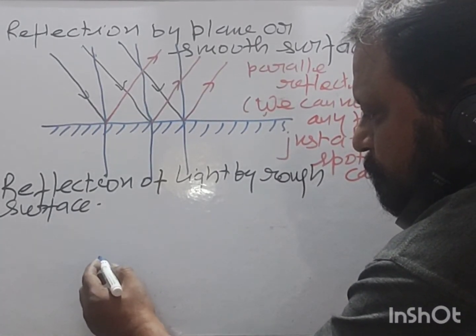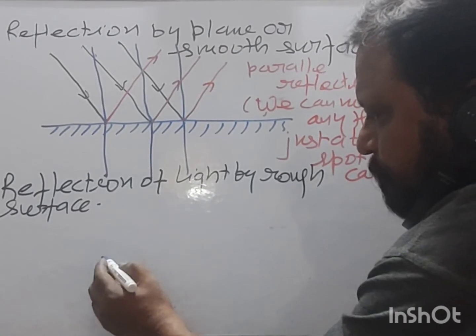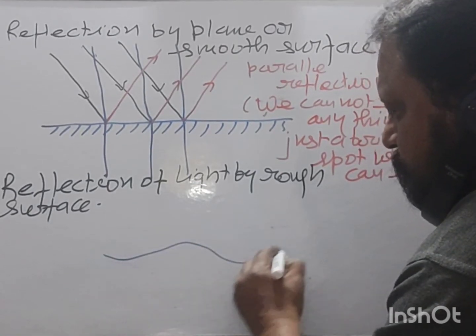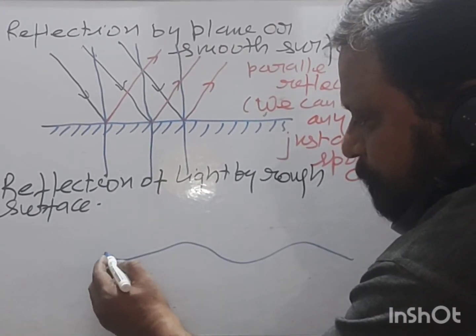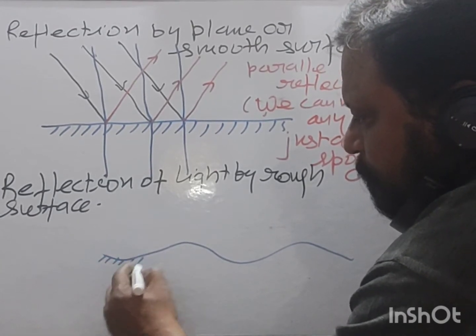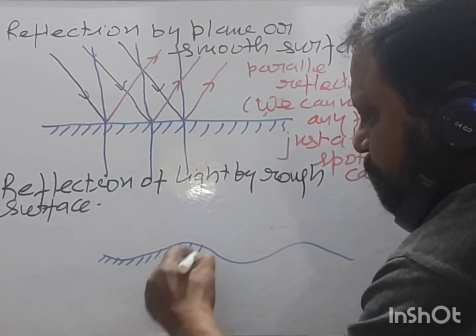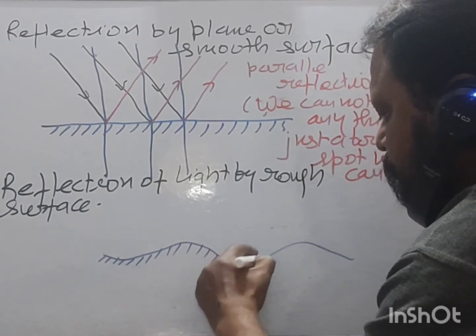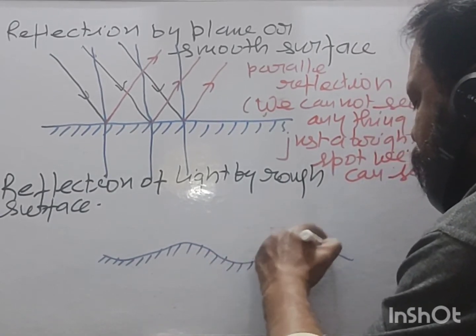So this is the rough surface, ups and downs are there. This is the reflecting surface, so it is polished on one side.